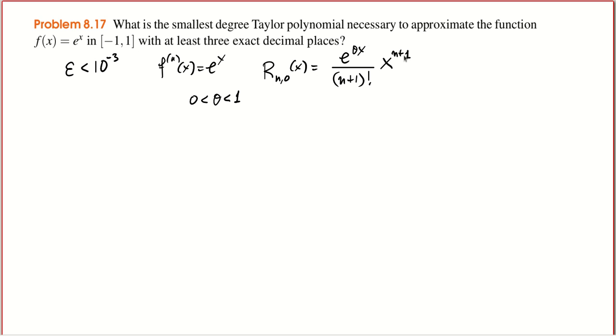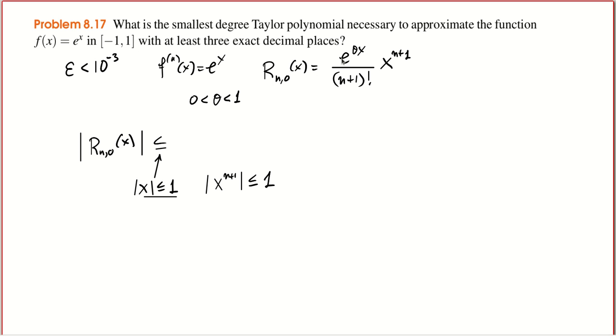Now we need to find an upper bound of this. In this upper bound, we are going to take into account that the absolute value of x is smaller than or equal to 1 in this interval. So an upper bound for this factor is just 1. The denominator doesn't change, and what we need now is an upper bound for this number here.